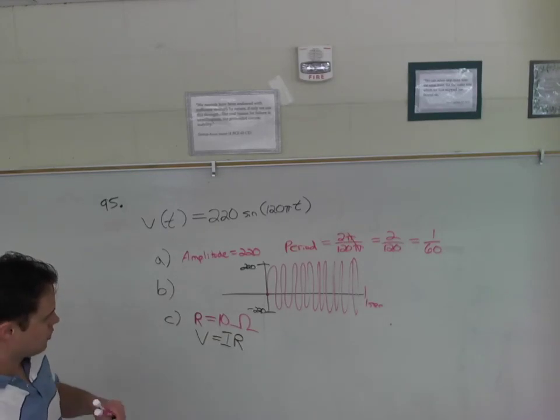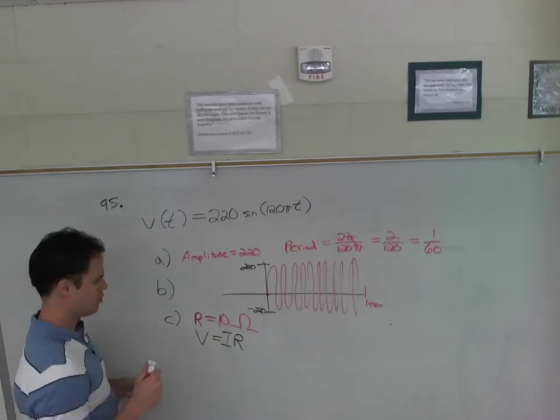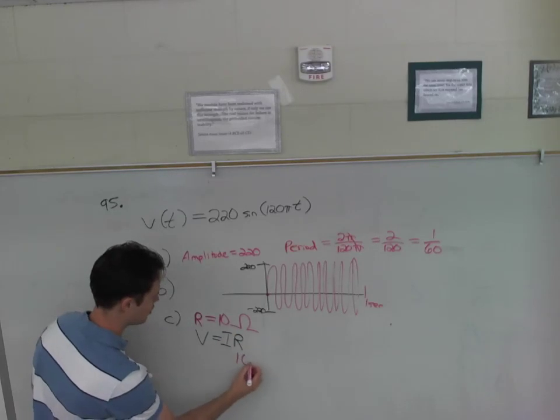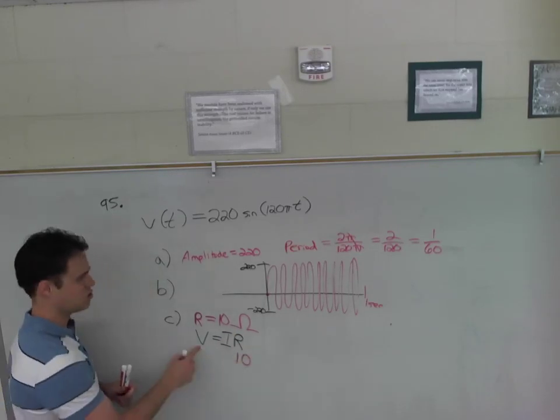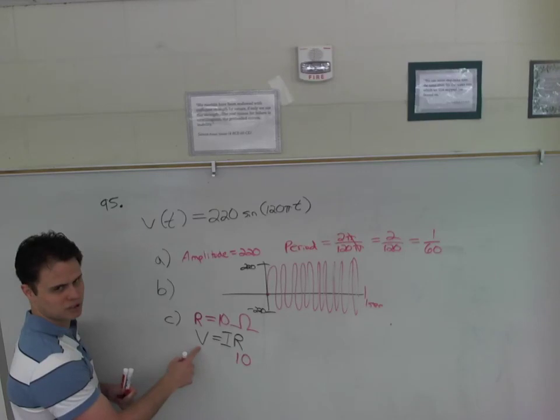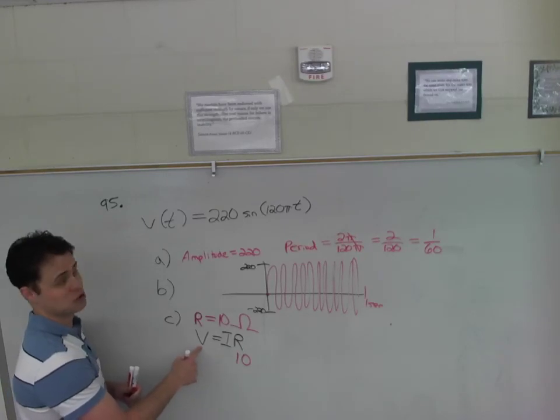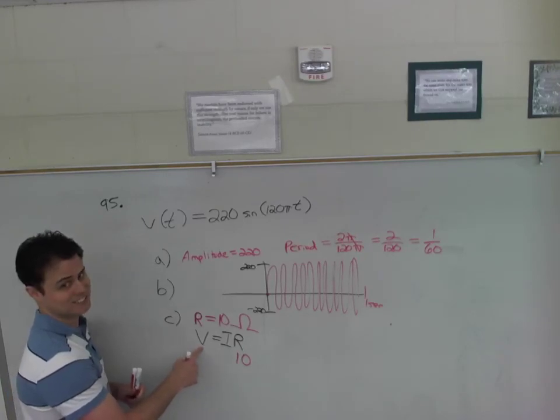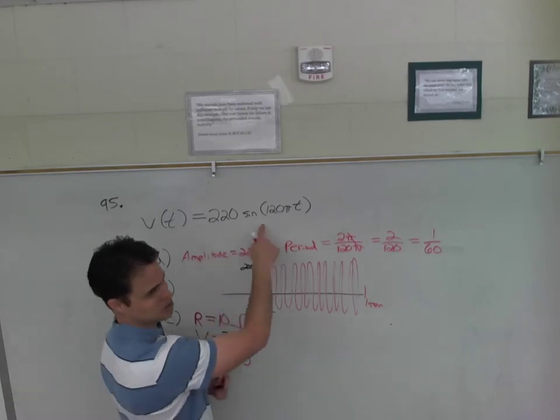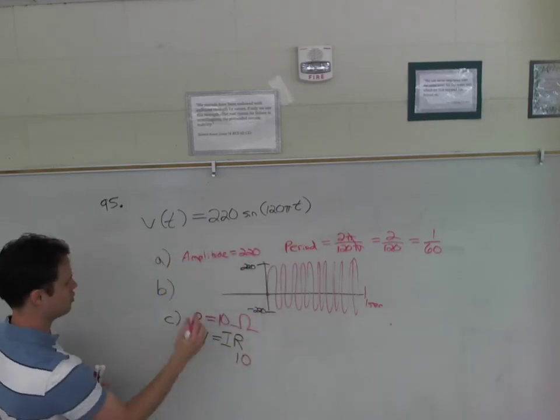So if we wanted to solve for I, they just said put in 10 for R, right? And then what's our voltage? Do we have a number for it? 220. Well, sometimes it's 220. It's this whole function, isn't it? So we can put that whole function in over there.